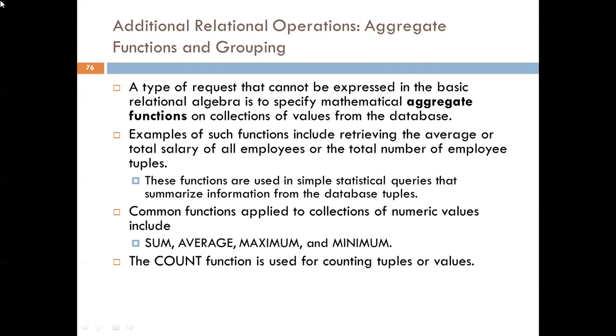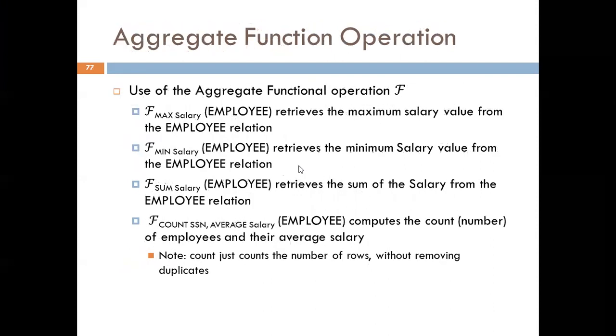utilized and they can be specified over a relation. So the aggregate function symbol, this particular symbol F, is utilized. In order to denote a maximum value, we can write max salary of employee.